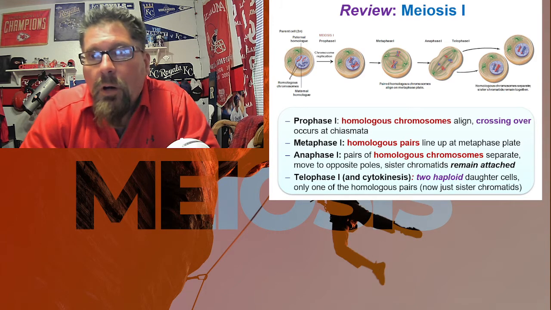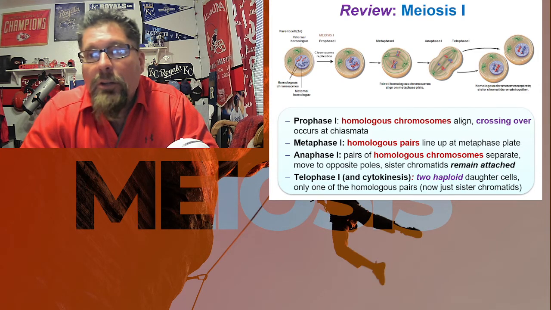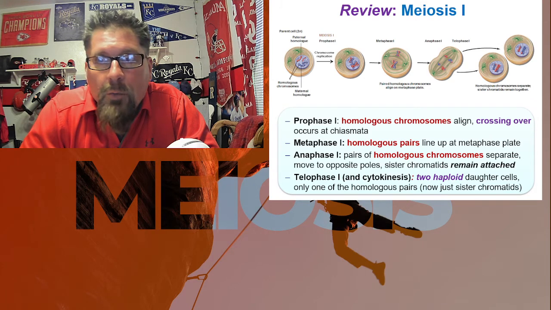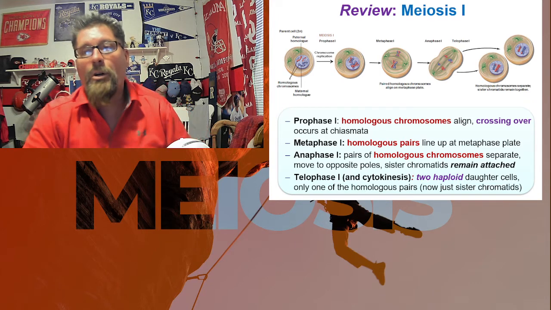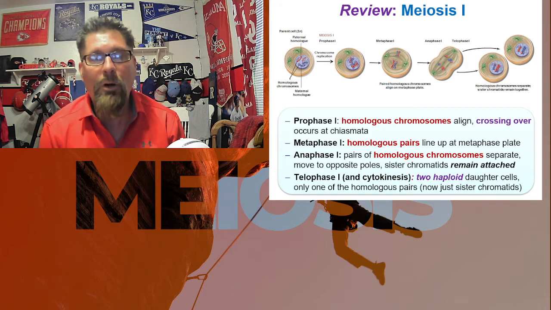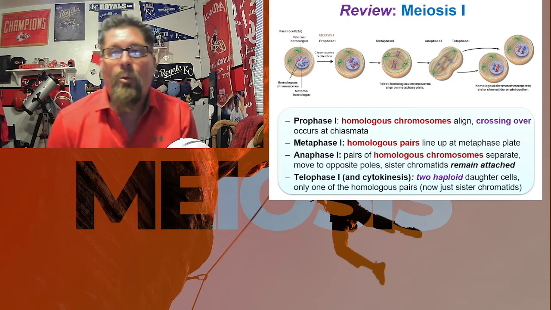Alright, so again, reviewing meiosis 1. I've said it many times, but I can't remind you enough: you can see the three red bolded words there: homologous chromosome, homologous pairs, homologous chromosomes. Those are a reference to the same thing. If you see that wording, we're talking about meiosis 1.